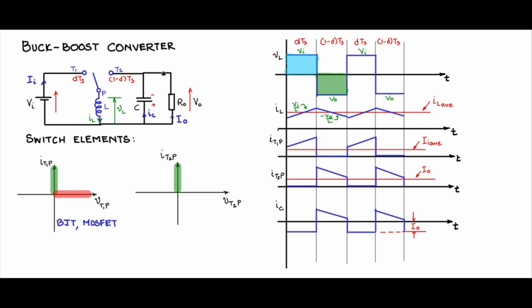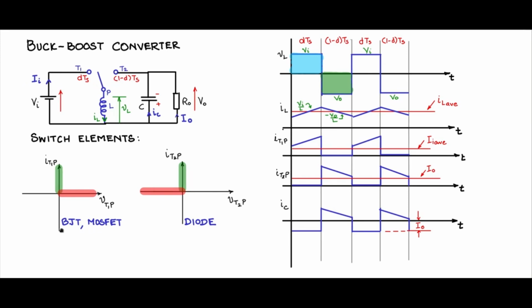T2 is connected to the output, so it is at minus V0. P is at positive potential, so T2P is a negative voltage. So the switch T2P should support negative voltage. So all these negative axis of the voltage become possible operating points, and this has the typical nature of a diode switch characteristic. So now we know that for this we need to use a diode.